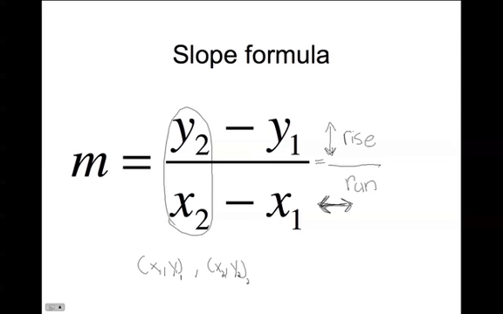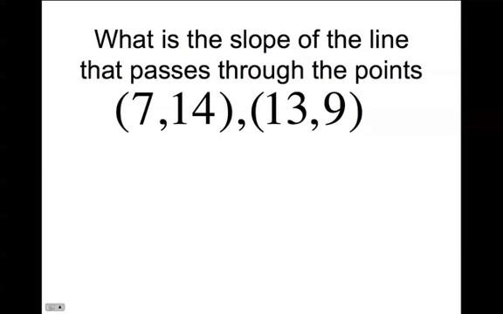All right, so let's actually take a look at an example, and maybe we'll do it both ways just to prove our case. All right, so we want to know, what is the slope of the line that passes through the points 7, 14 and 13, 9? And of course, remember that this is our x and this is our y. So let's just pop everything into our formula. So let's see, m is equal to, why don't we go ahead and make this point 1 and this one point 2.